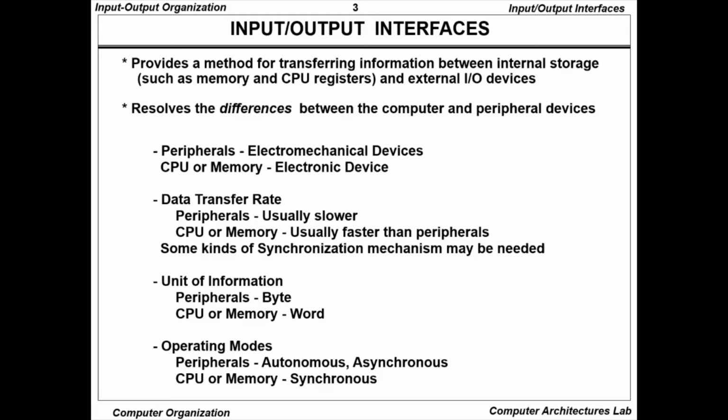Some kind of synchronization mechanism may be needed to bridge the speed difference. When you want to purchase a mobile phone, you will first check the processor, maybe a Snapdragon 687 series, or in a computer we say i3, i5, or i7. The next point you will discuss is RAM, the memory: 2 GB, 6 GB, 8 GB or 12 GB RAM.